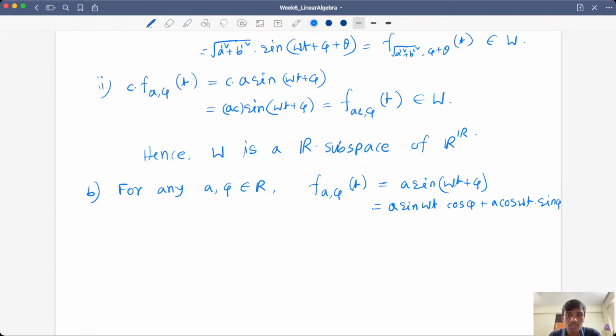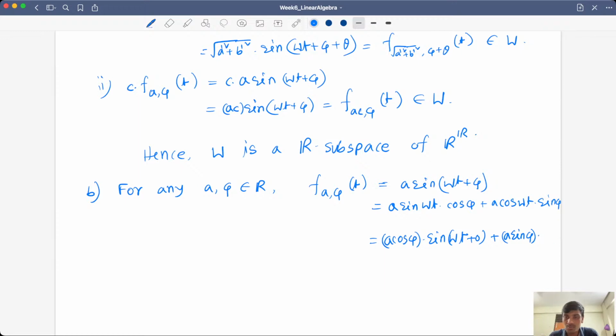Right? Now this a and phi are fixed, so I can just write it as a cos phi times sine omega t plus 0, here you have one as a constant and 0 is the angle. In this case a sine phi into cos omega t, again I need to write in sine.